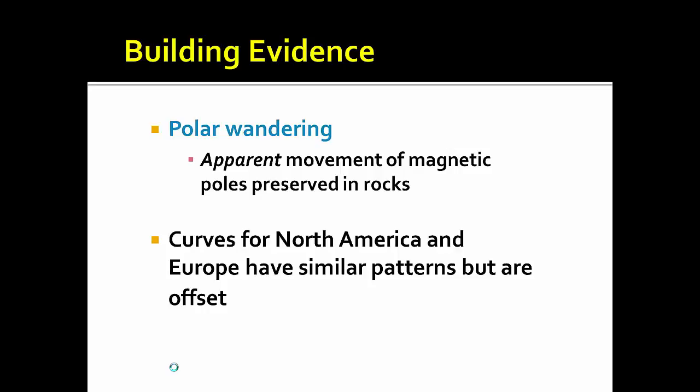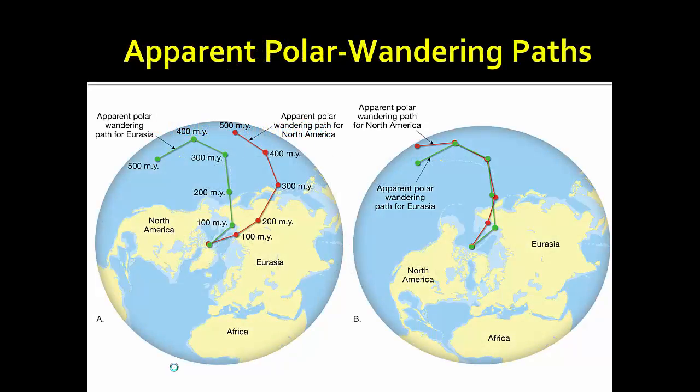Now, this data was collected based on rocks in Europe, and shortly after, the same paleomagnetic measurements were made in North America. The result was a similar pattern but in different positions.